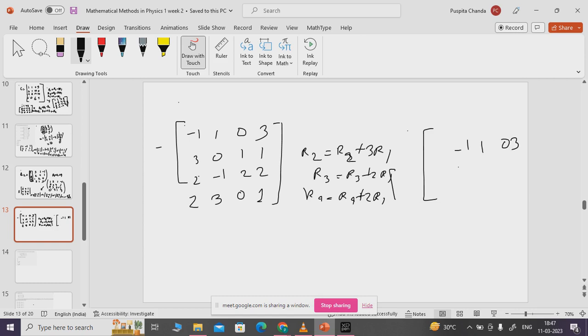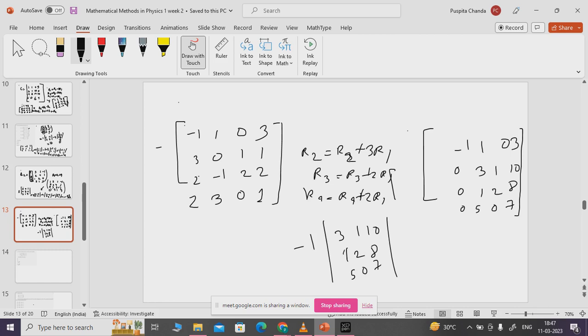minus 1, 1, 0, 3; 0, 3, 1, 10; 0, 1, 2, 8; 0, 5, 0, 7. So now we can expand minus 1, and this is 3, 1, 10, 1, 2, 8, 5, 0, 7.